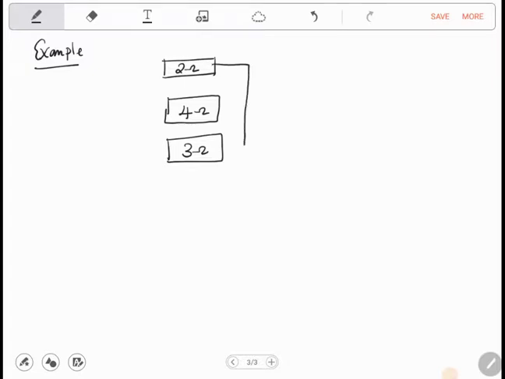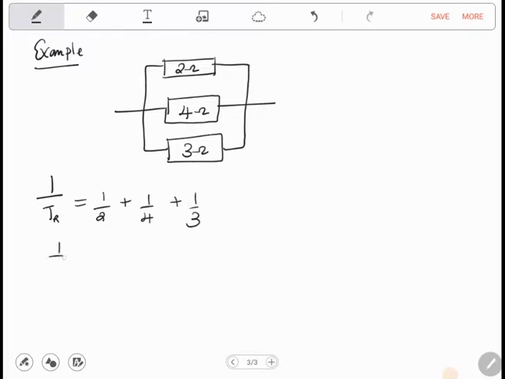So these are connected. What will be our total resistance? So 1 over total resistance will be equal to 1 over 2 ohms plus 1 over 4 plus 1 over 3. We need to find the common denominator here.